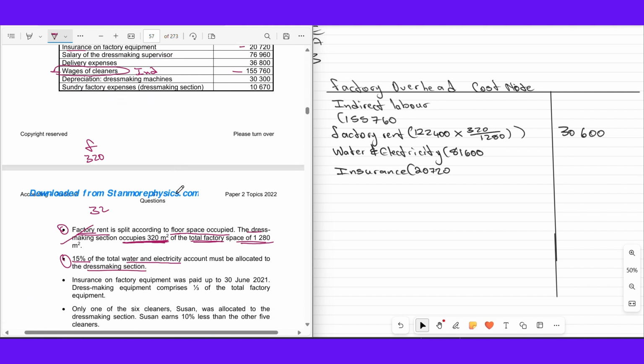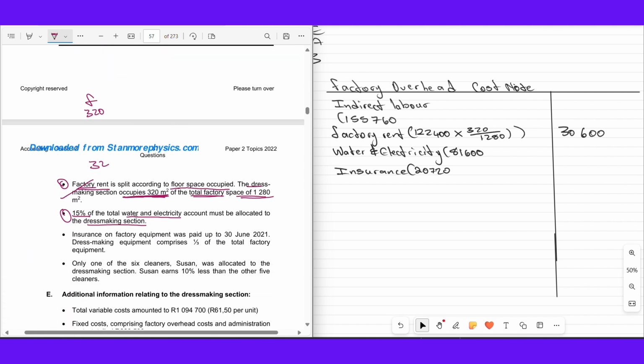So this factory overhead is for the school dresses. Now they are telling us that 15% of the total of water and electricity, which is 81,600, must be given to the factory. So we are just going to multiply by 15%.